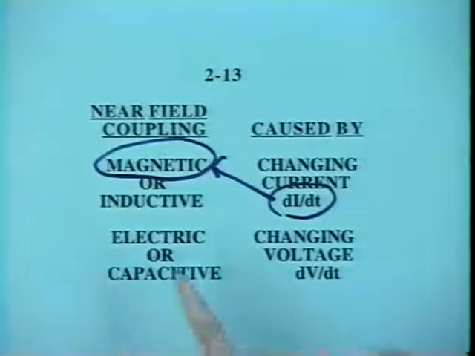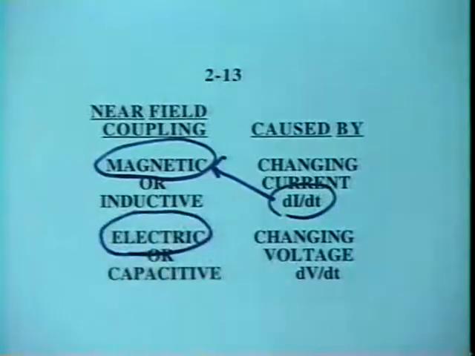Now, what produces electric fields? Well, unneutralized charges, positive and negative charges, produce electric fields. But how do you get positive charge on one wire, negative charge on the other wire? Usually what you do is you apply a voltage difference to the wires. The voltage difference separates the charges. The charges produce the electric field. So I just leave out the middle step.